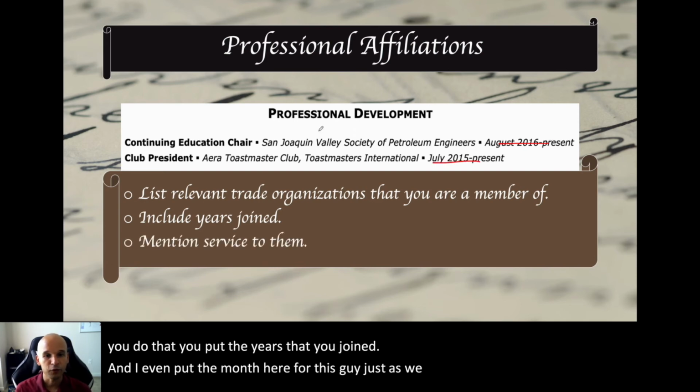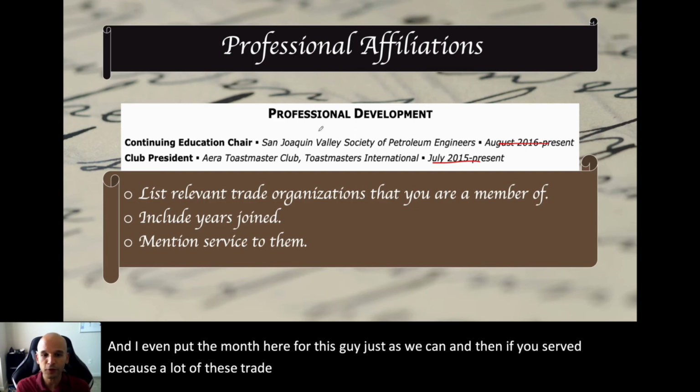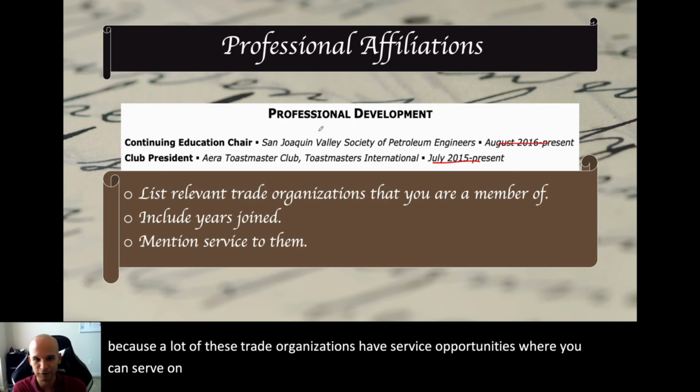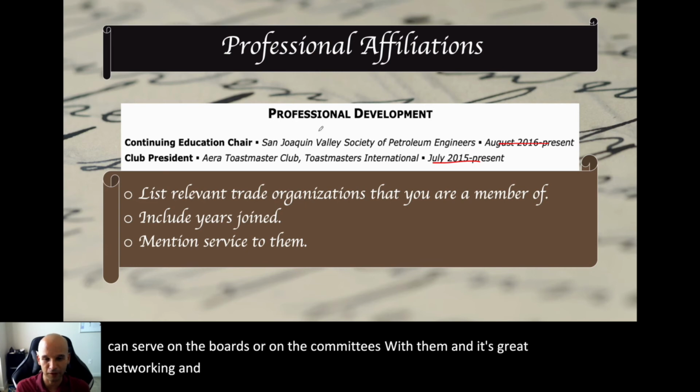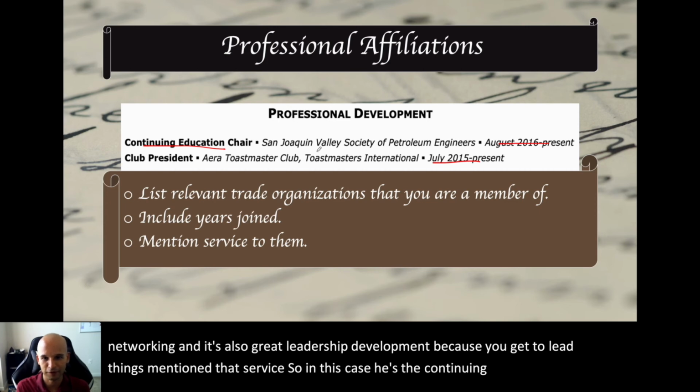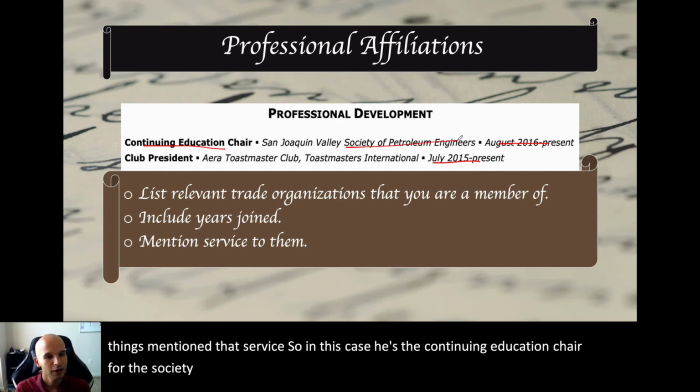And then if you served, because a lot of these trade organizations have service opportunities where you can serve on the boards or on the committees with them. It's great networking, and it's also great leadership development because you get to lead things. Mention that service. So in this case, he's the continuing education chair for the Society of Petroleum Engineers. Cool.